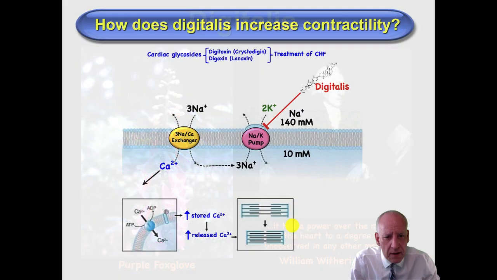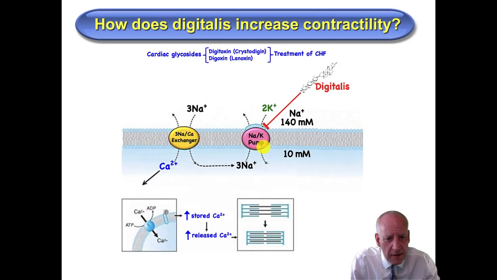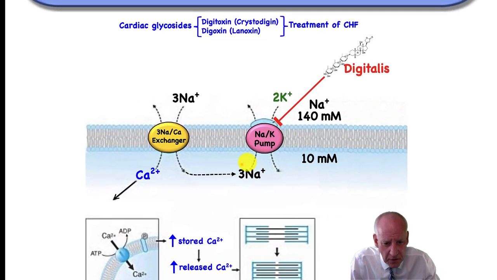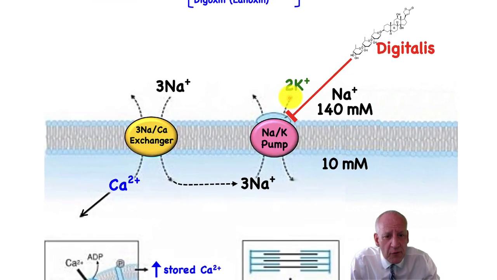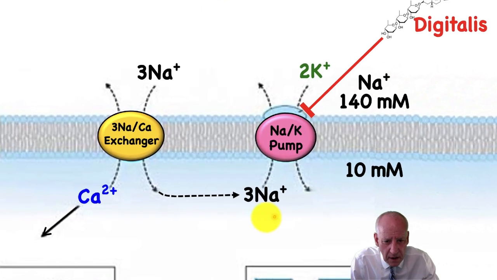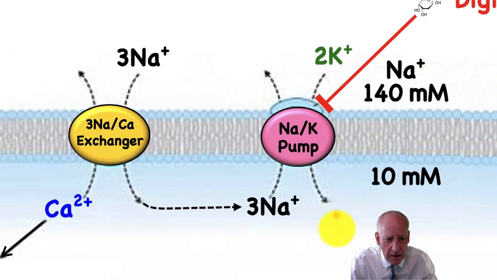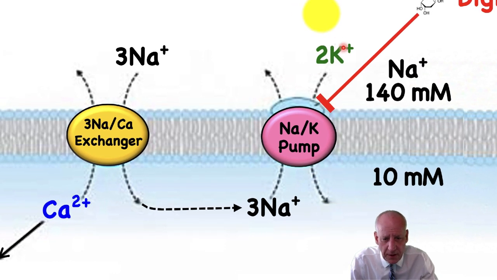very interesting way. Recall that the sodium-potassium ATPase pump operates in virtually all animal cells to trade 3 internal sodiums for 2 external potassiums, and in so doing maintains a steep inward sodium gradient and a steep outward potassium gradient. Now recall that operating alongside the sodium-potassium pump is another exchanger.